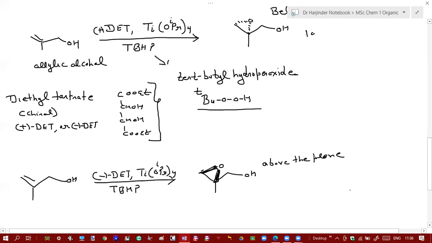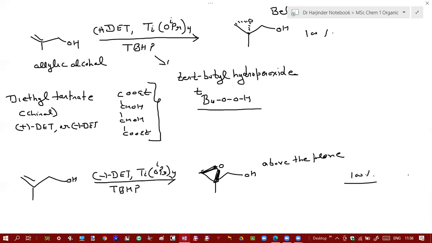So you get 100% this one or 100% this one. So you can see the reaction is highly stereoselective. Depending upon whether you are using plus or minus diethyl tartrate, you get one product. If you use plus diethyl tartrate, the addition of oxygen takes place below.